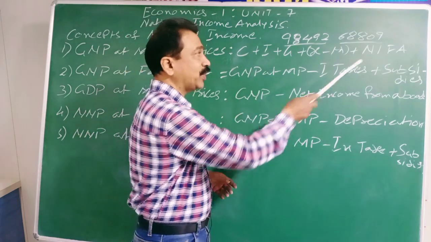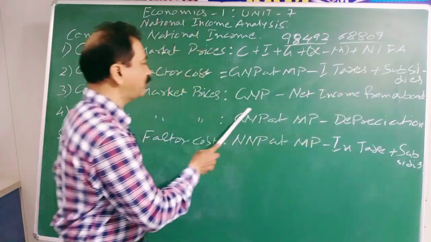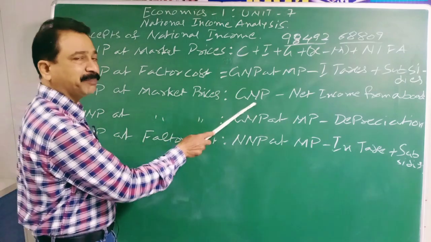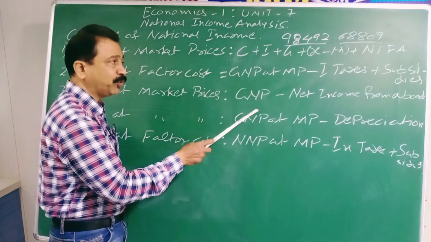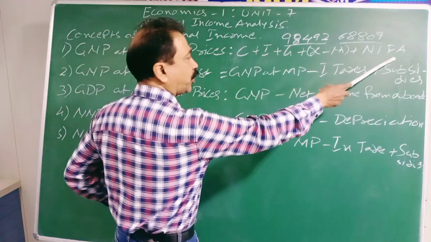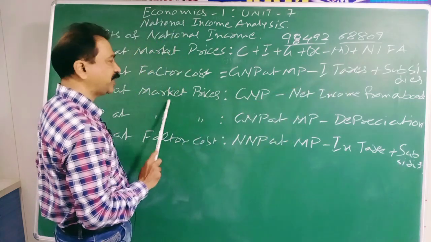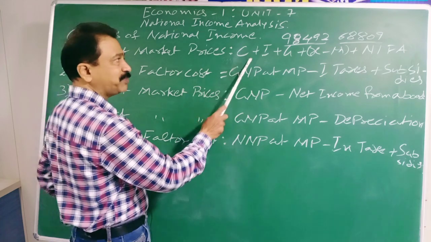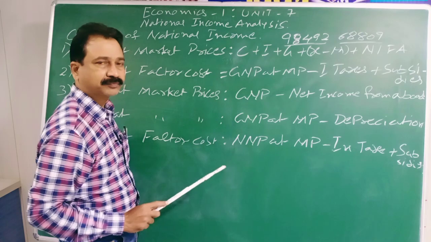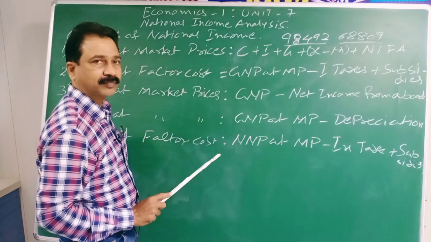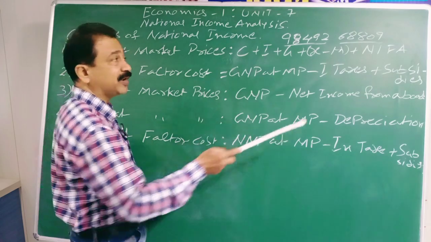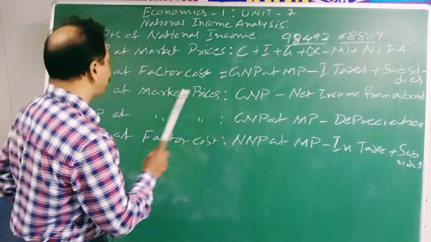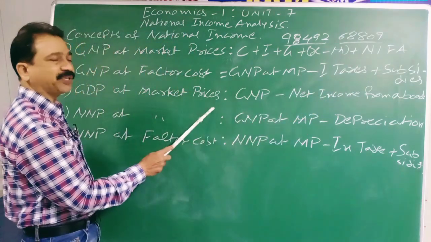When you remove net income from abroad, then you will get the GDP at market prices. Take the GNP at market prices and remove net income from abroad, then you will get the GDP at market prices. That can be seen as C plus I plus G plus X minus M. NIFA, net income from abroad, is not included. Then you will get GDP at market prices.